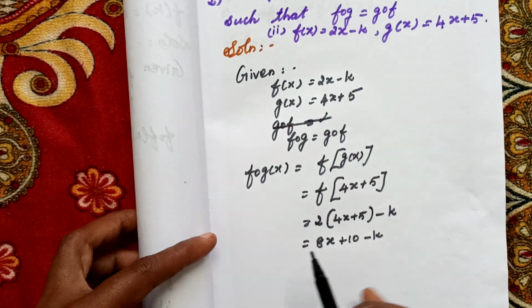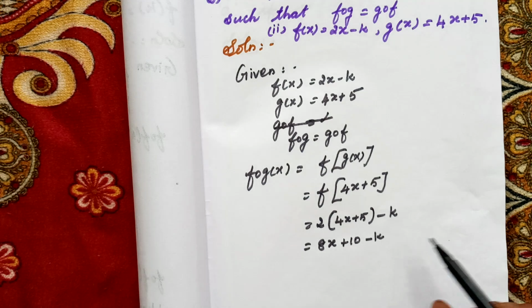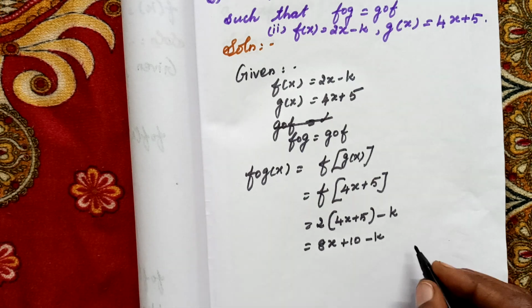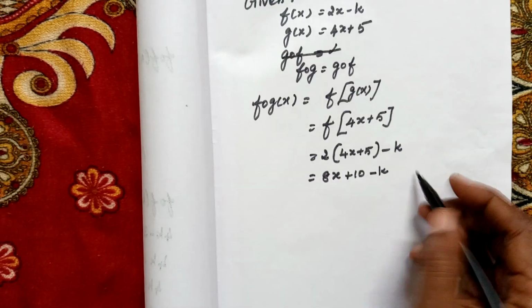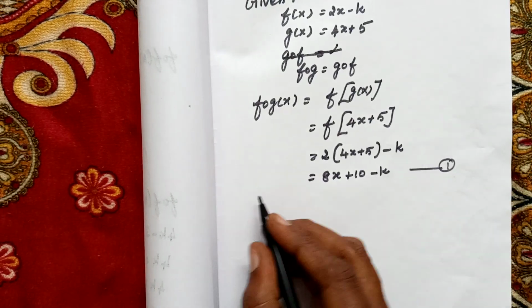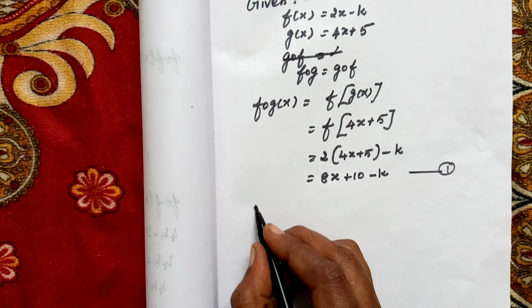Clear? Okay, this is f composite g of x. Next, we have to find out g composite f of x.